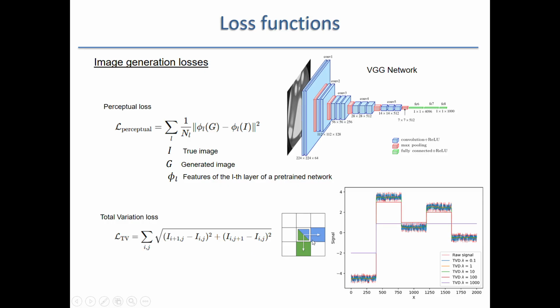And then you want these differences to be small, and that promotes smoothness. It is known that, for instance, if you have noisy observations of a 1D signal and you minimize something related to the total variation of your reconstruction, then your reconstruction tends to be relatively flat within those areas.